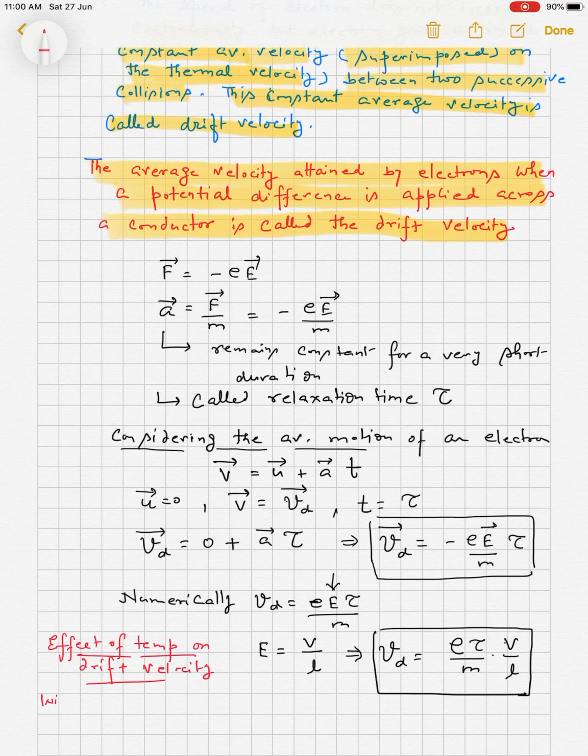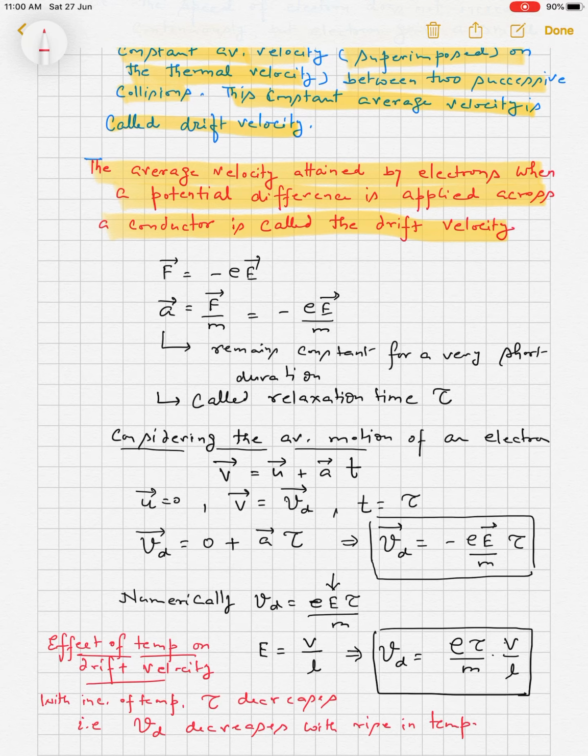With increase of temperature, tau decreases. So tau decreases means vd decreases. That is, vd decreases with rise in temperature.